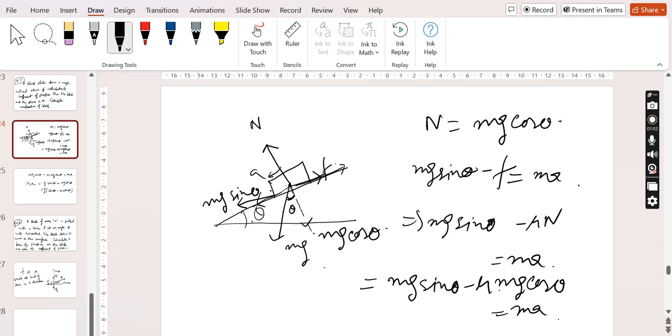The x and y axes are tilted. All the other things are good. But if we don't divide mg into components, and rather divide F into components of x and y and N into x and y, the result will be the same but the calculation will be difficult.